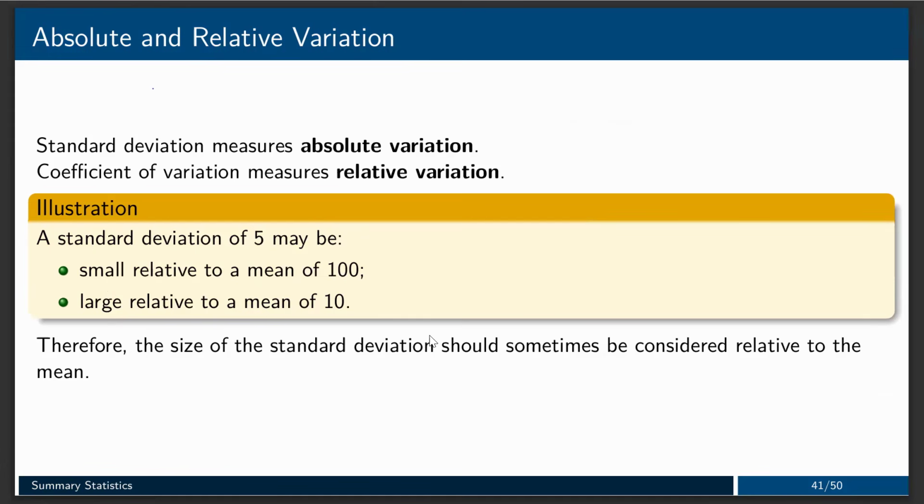Therefore, the size of the standard deviation should sometimes be considered relative to the mean, right? So the coefficient of variation helps you compare the standard deviation against its mean, even within one data set.